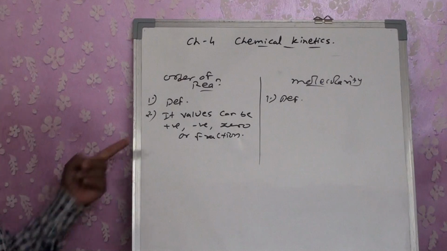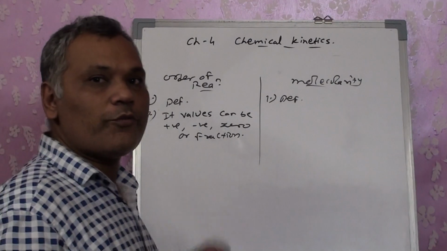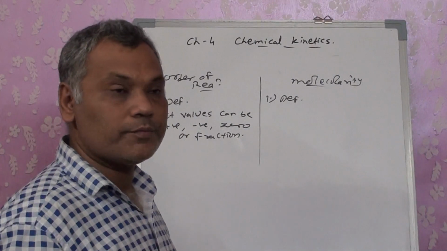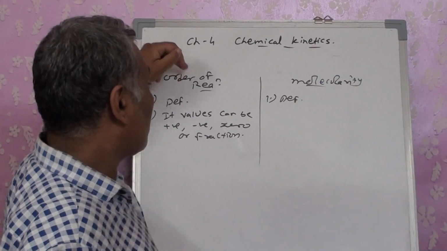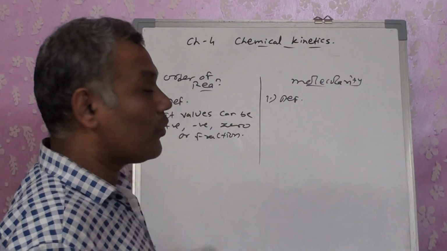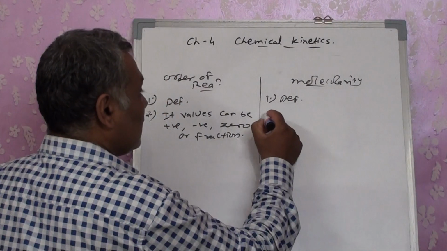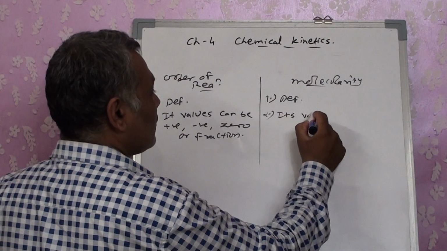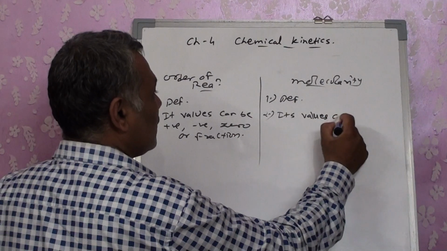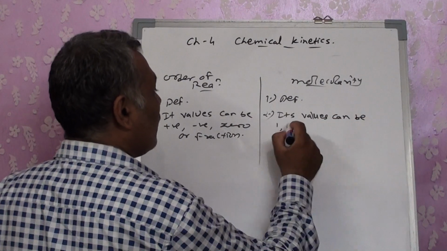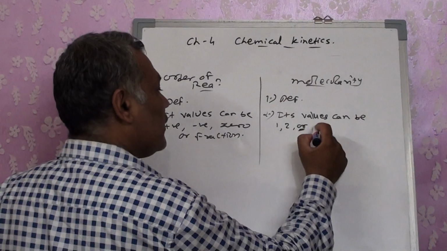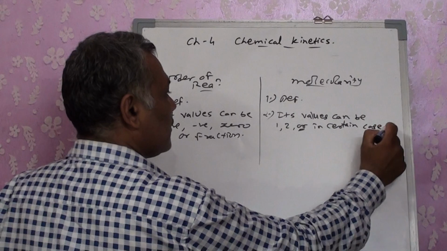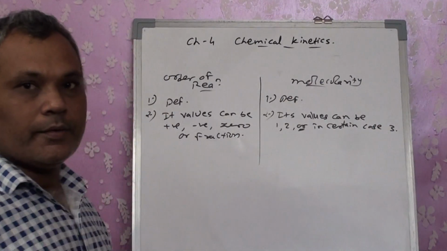We saw it in the reaction 1 by 2. We saw it for Cl0. It can be positive, it can be negative also. So values of the order of reaction can be positive, negative, fraction, or 0. Whereas in case of molecularity, its value can be 1, 2, or in certain cases 3.